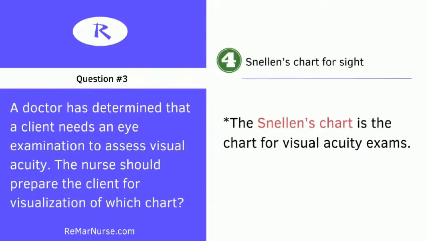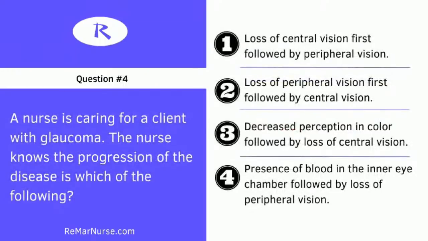All right. I got another question for you. It is question number 4. A nurse is caring for a client with glaucoma. The nurse knows the progression of the disease is which of the following? Is it number 1, loss of central vision first, followed by peripheral vision? 2, loss of peripheral vision first, followed by central vision? 3, a decreased perception in color, followed by loss of central vision?